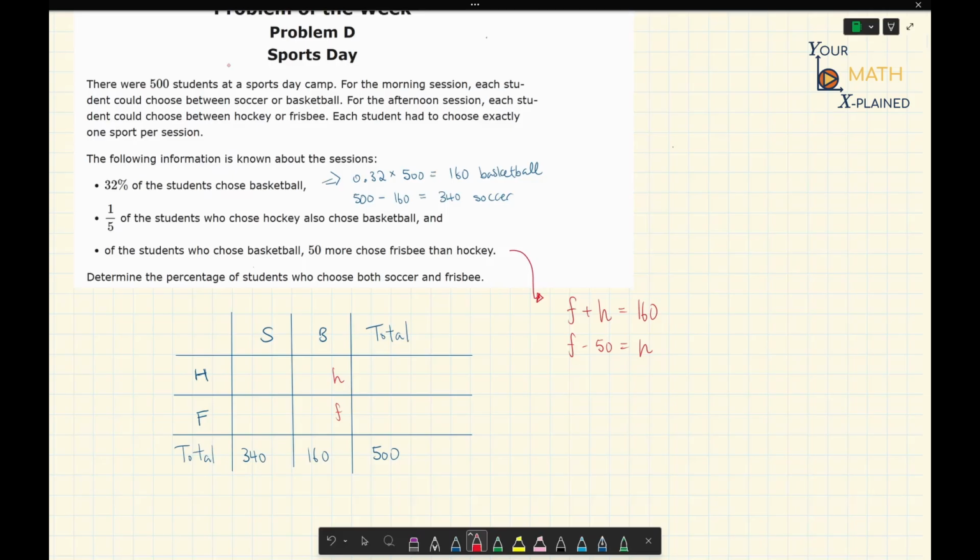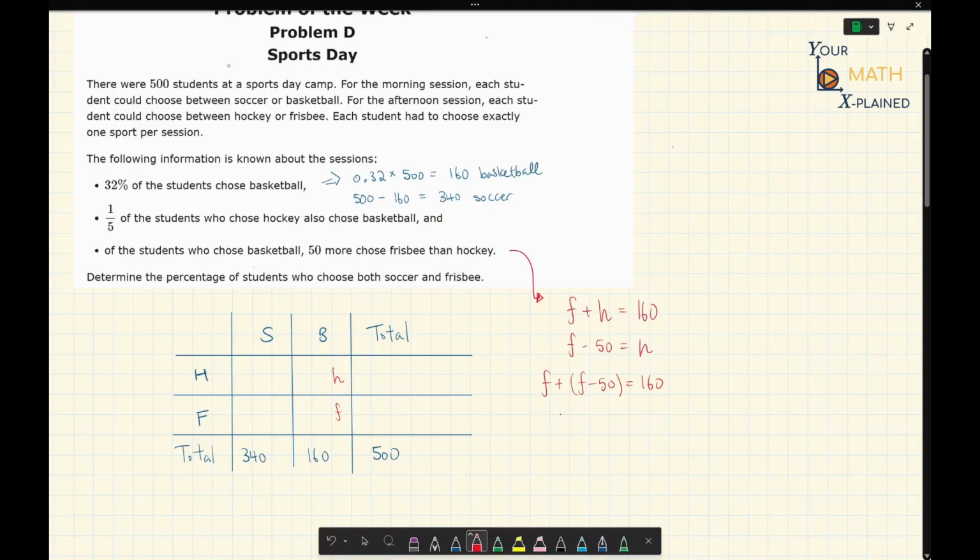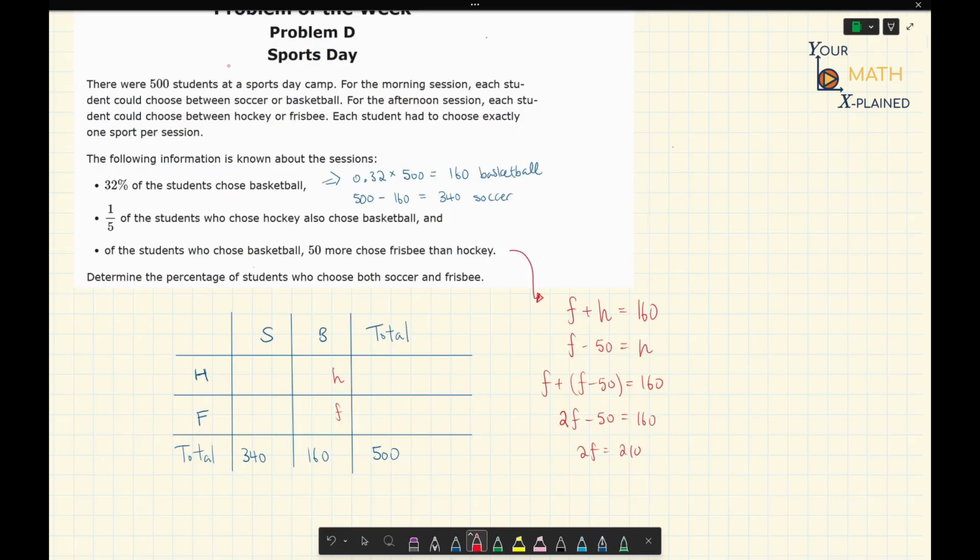So I can take the second equation and substitute it into the first one, which will give me f plus f minus 50 equals 160. Doing some algebra here will give us 2f minus 50 equals 160. So 2f is equal to 210, and then f is equal to 105.